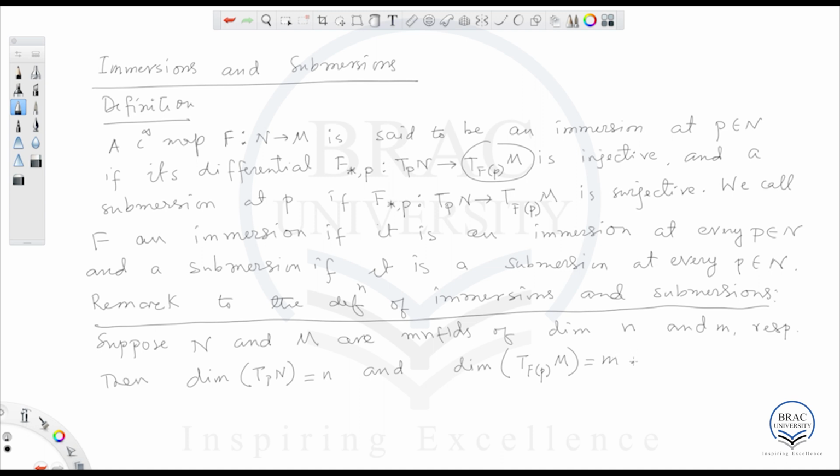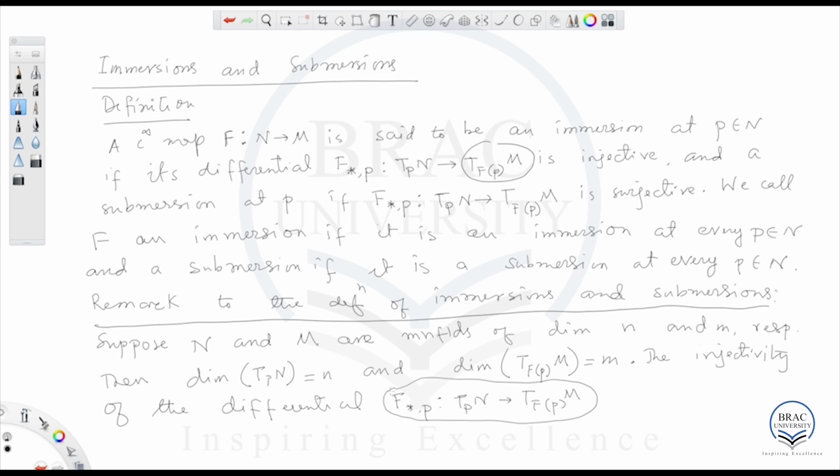Right? Now the injectivity of the differential F star comma P, which is a map from T_P N to T_F(P) M. Okay, and we know that if this is injective, then F is an immersion at the point P in N, right?